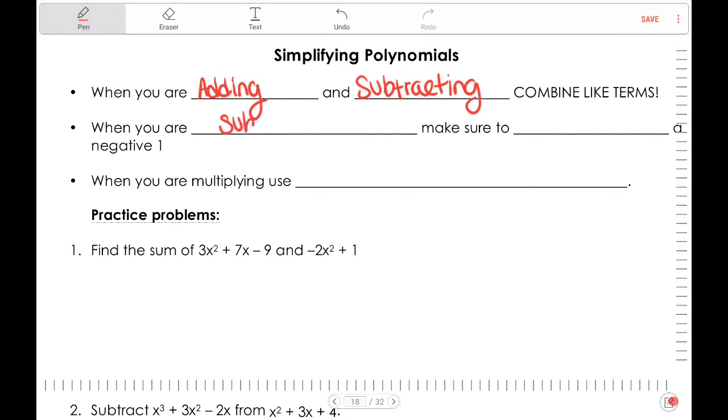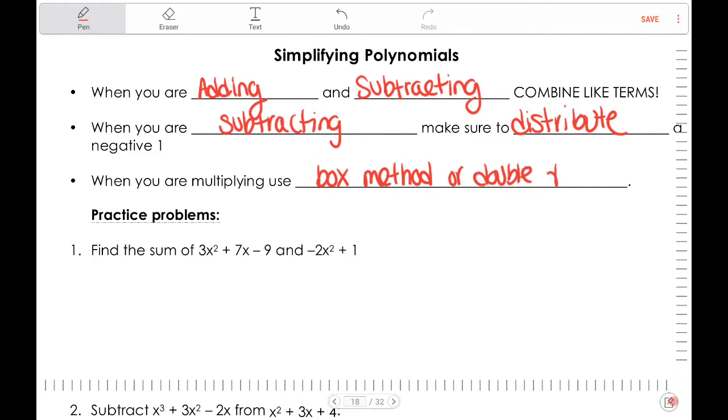When you are subtracting, make sure to distribute the -1 to all your like term bubbles. And when you are multiplying, use box method or double distribution.